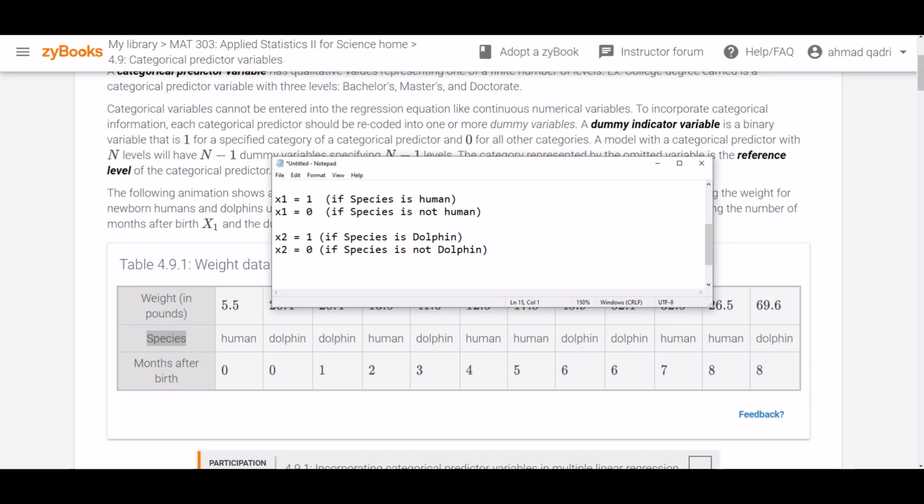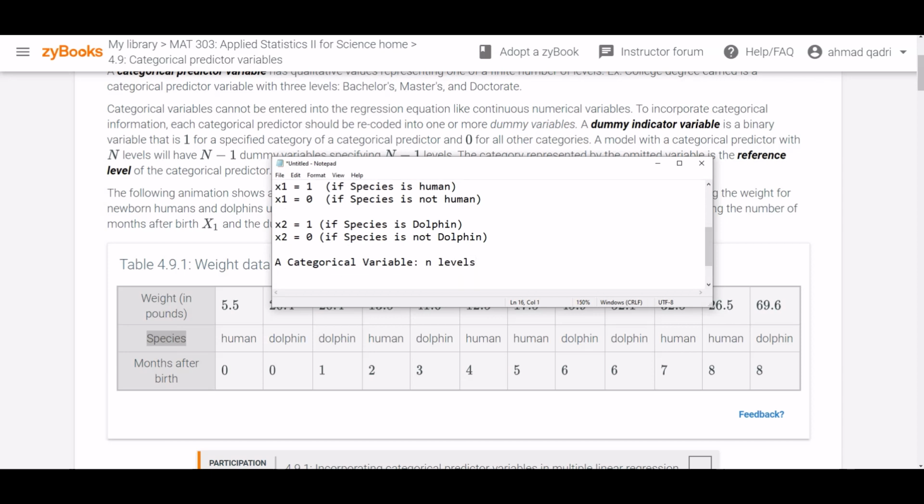Similarly, if we consider the general case, suppose we have a categorical variable that takes n levels. Then we would need n minus 1 dummy variables in the regression model to represent them.